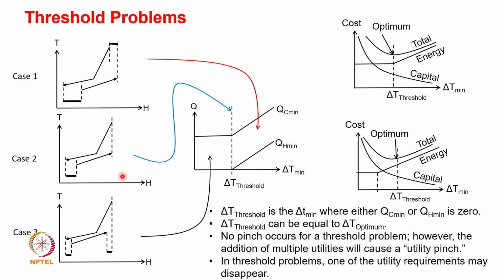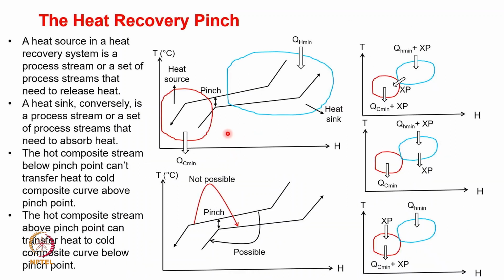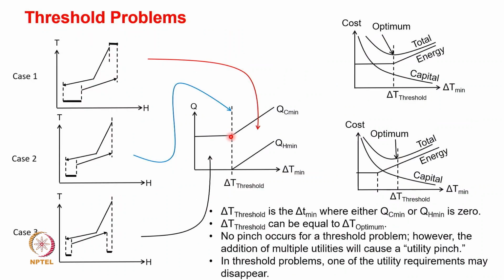Okay. In the threshold problems, one of the utility requirements may disappear. Here, as we also see, the hot utility requirement has completely disappeared. So in this case, we are only supplying cold utility. Once you are past the threshold and you further move the curve backwards, the total cold utility will not be reduced.